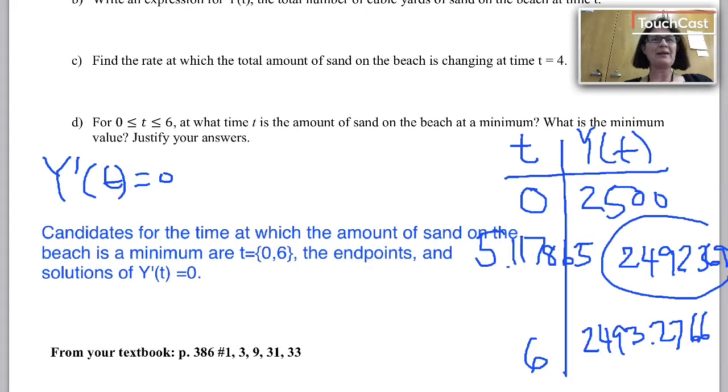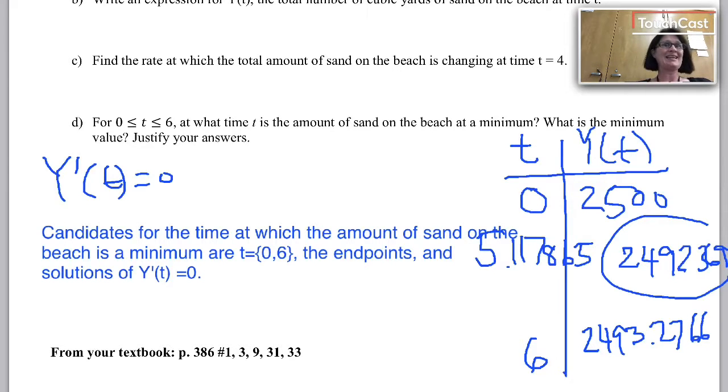Okay, so note this first part of my answer. I have to say why I only have to check those 3 time values. So I would say candidates for the time at which the amount of sand on the beach is a minimum are times 0 and 6, because they're the endpoints of the interval, and solutions of y prime of t equals 0. That's another way of saying critical points of y.